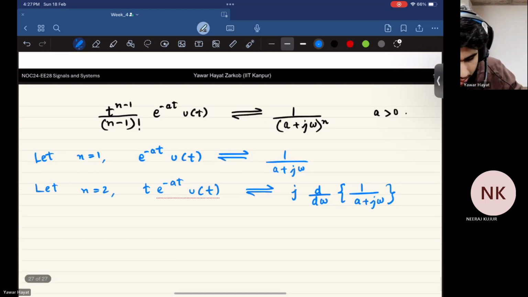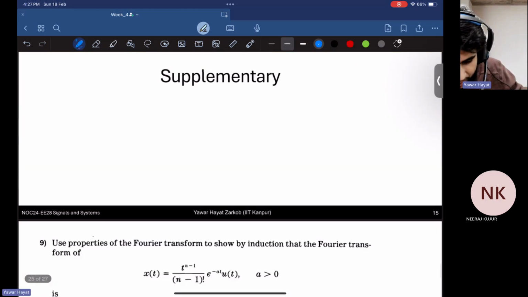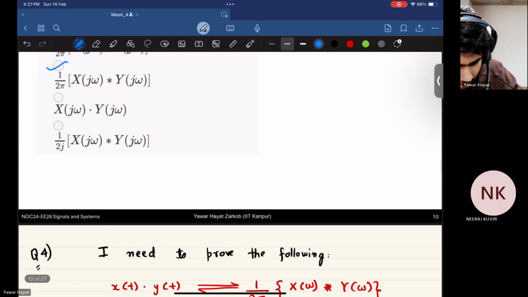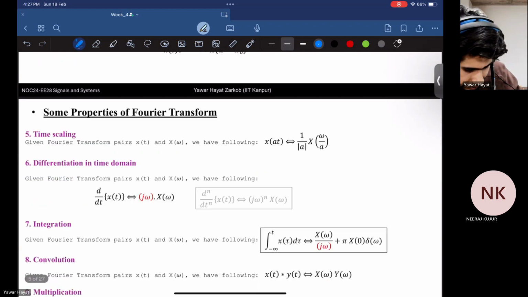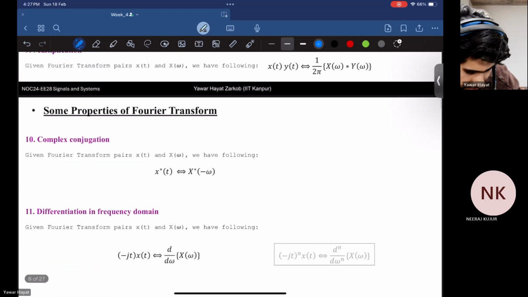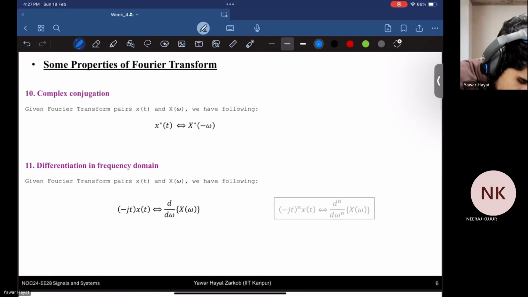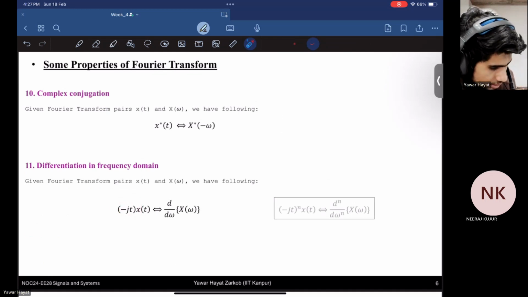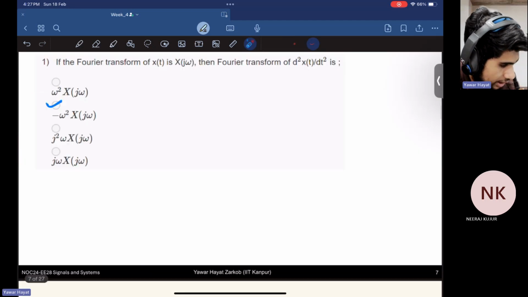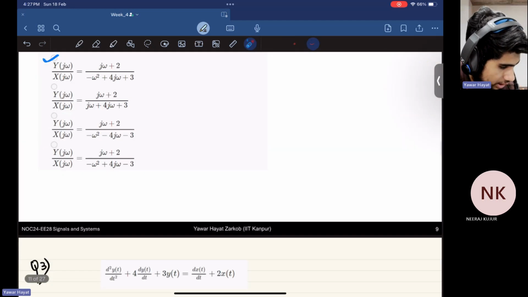Why? Differentiation in the frequency domain. So I have used that property.